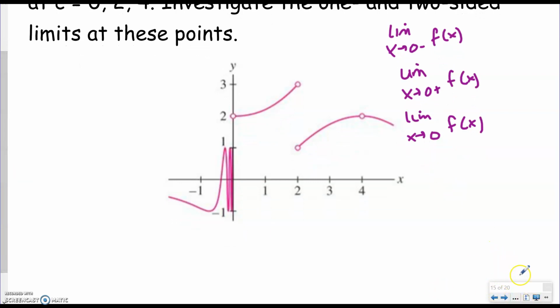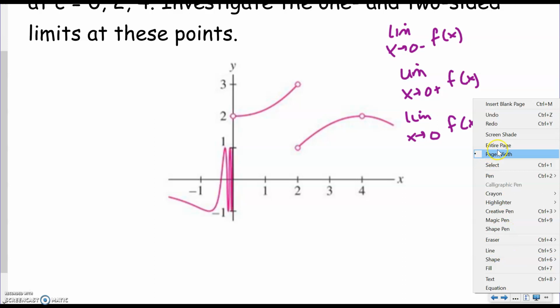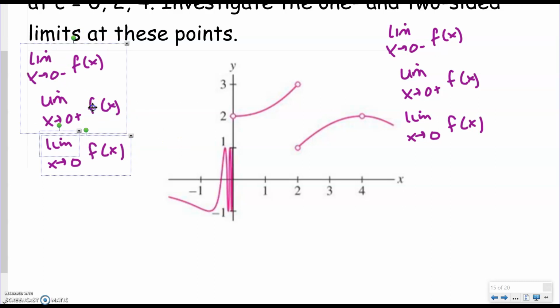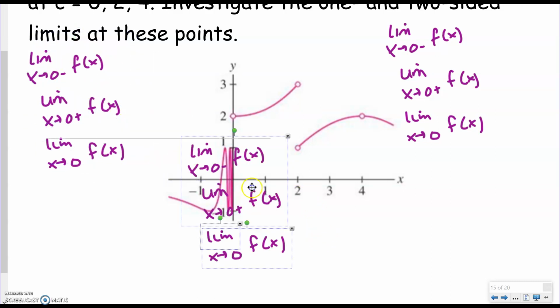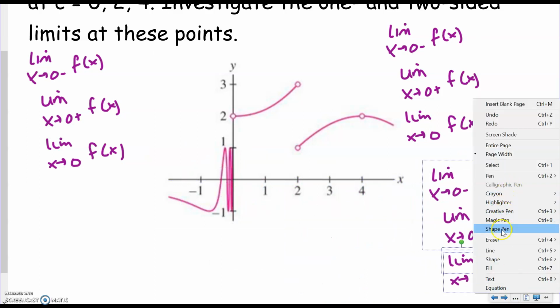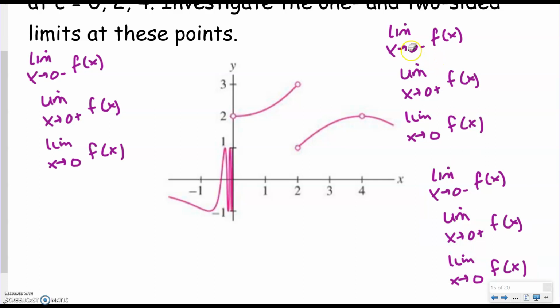So I'm going to go ahead and copy this if I can, and I'm going to paste it. So we'll do 0. And try to spread these out a little bit so they're easier to read. Okay, so what we're going to do is investigate all of these here.